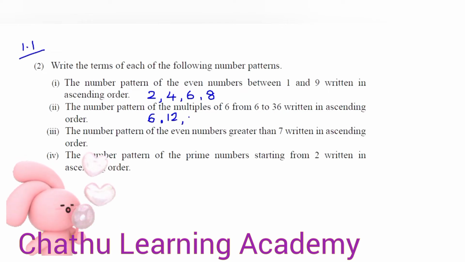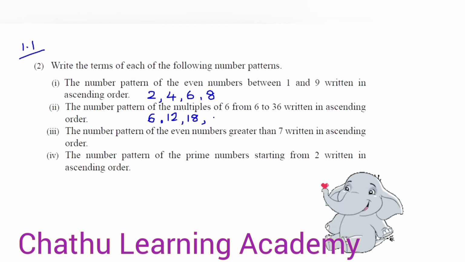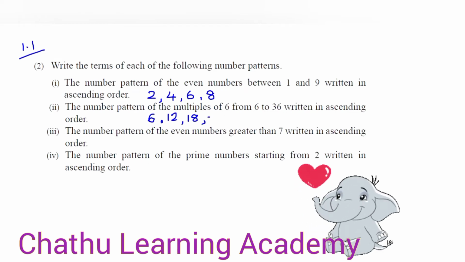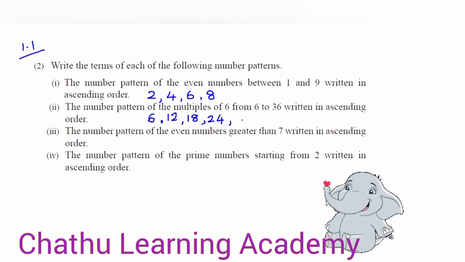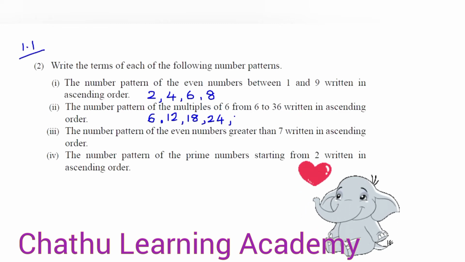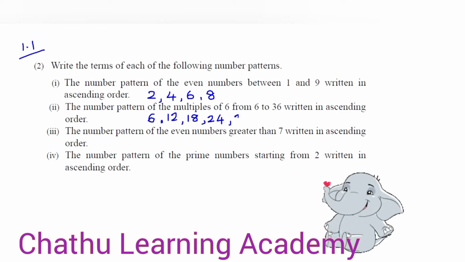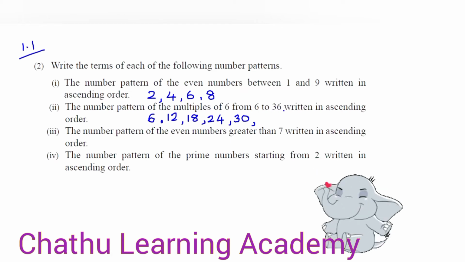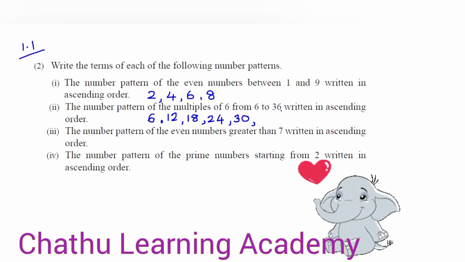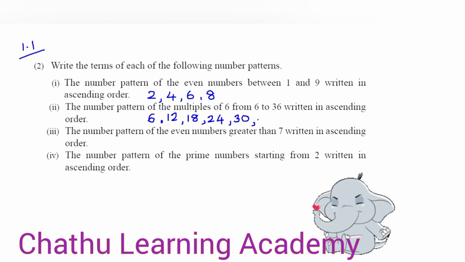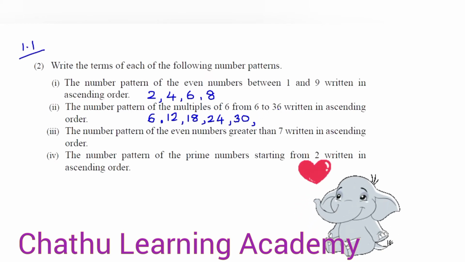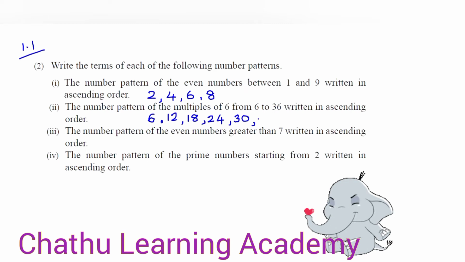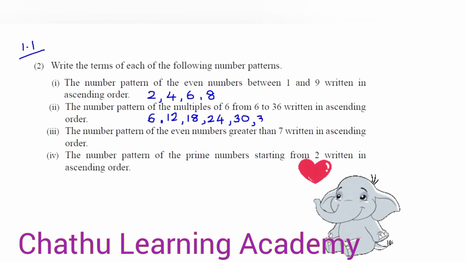Third term, 6 times 3, 18. Fourth one, 6 times 4, 24. Fifth one, 6 times 5, 30. Then here from 6 to 36, it means 36 also belongs to this number pattern. 36 means 6 into 6, 36.